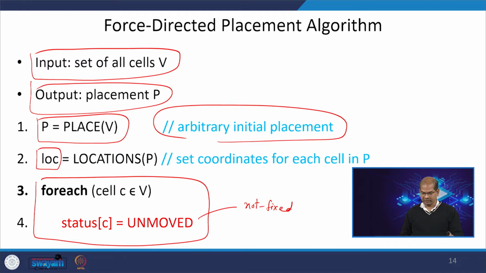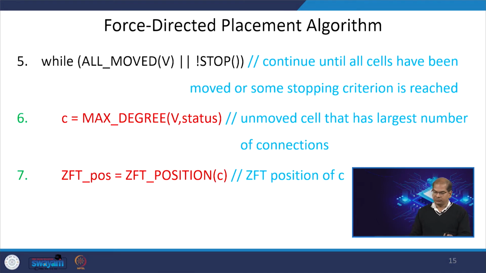Now we will go inside the algorithm. If all moved cells are not 0 or the stopping criteria is not reached, then we go inside the block. Here we pick the vertex which has the maximum degree.